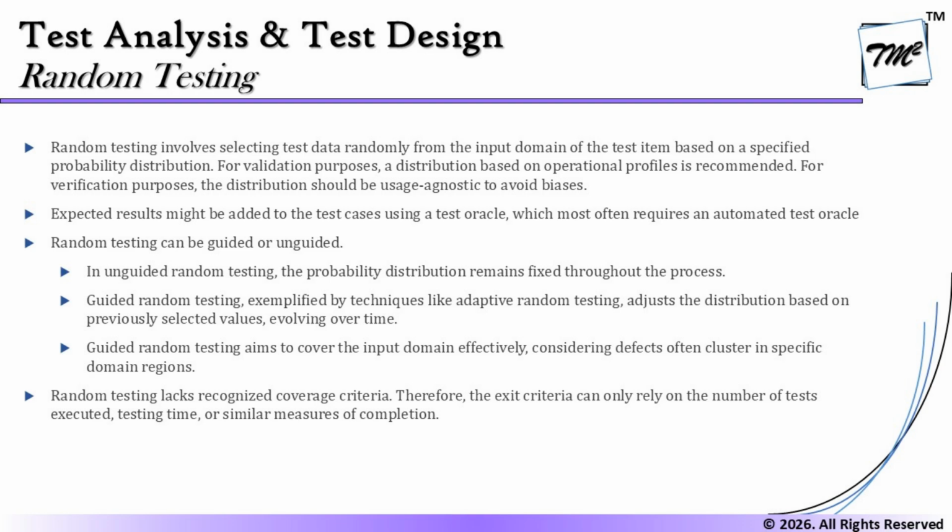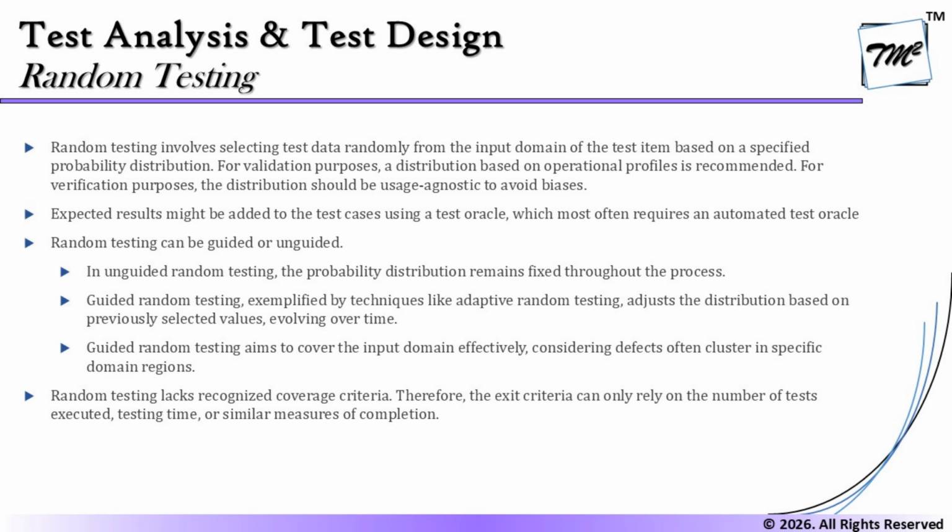On the other hand, we also would like to talk about how random testing can be guided or unguided. A very easy way to understand it: guided are those where we have some test cases written, but unguided are those where we do not have any test cases written. So unguided certainly becomes completely dependent on the expertise of the test engineer. However, guided random testing, exemplified by techniques like adaptive random testing, adjusts the distribution based on previously selected values or evolving over time.